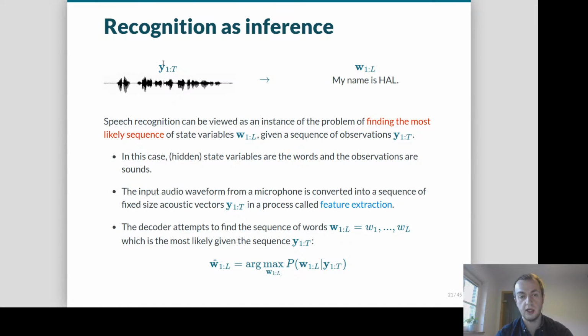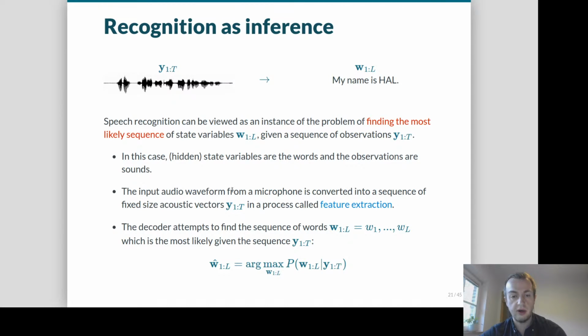And what we would like to do is, given these observations, to determine the most likely sequence of our state variables, so concretely of these words, right? So hidden state variables would be the words, and then the observations would be the sounds associated to these words.